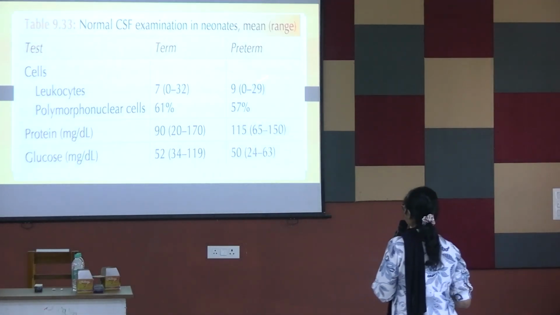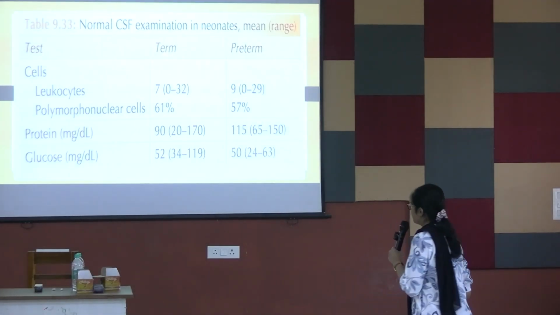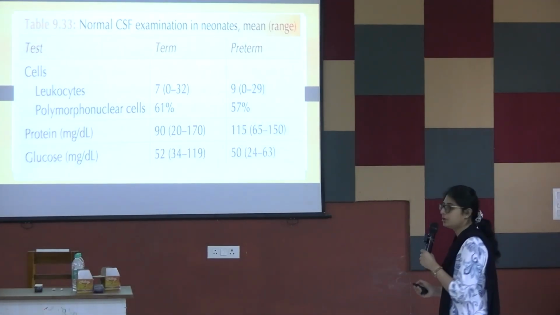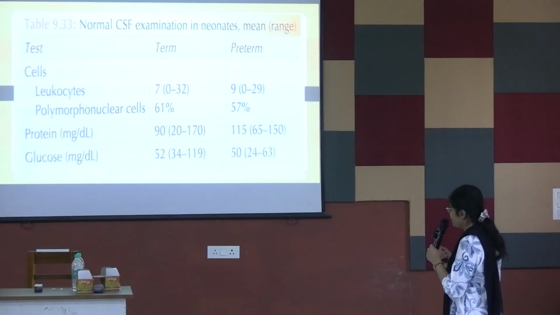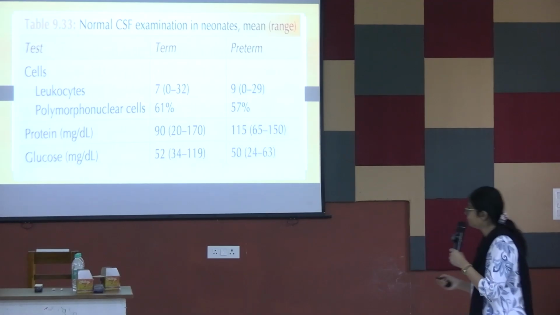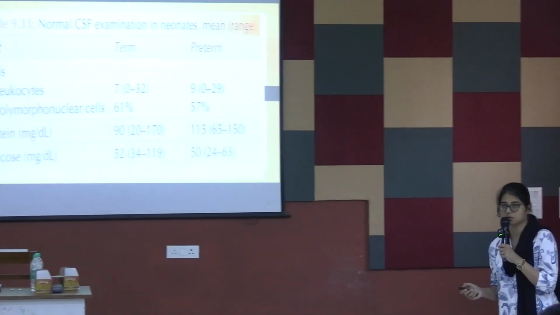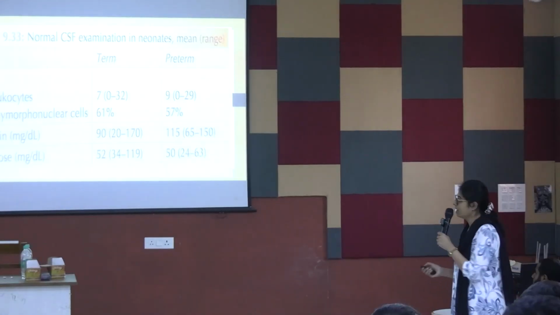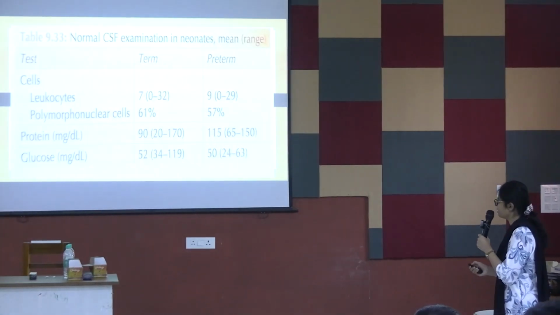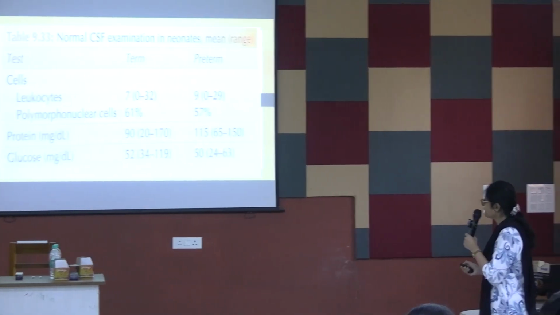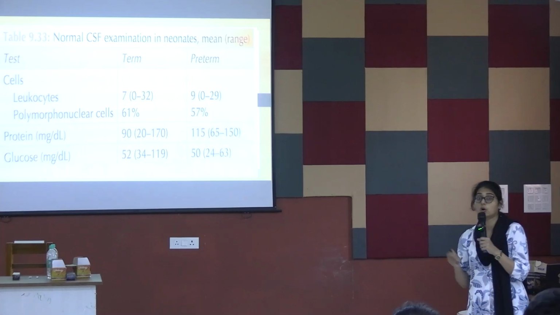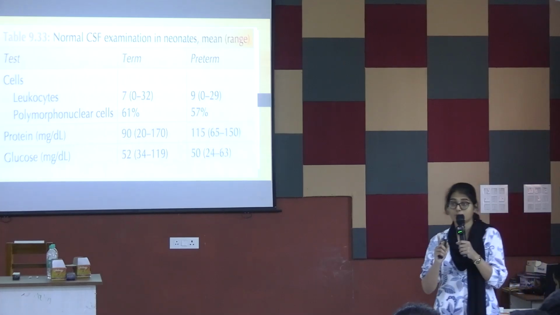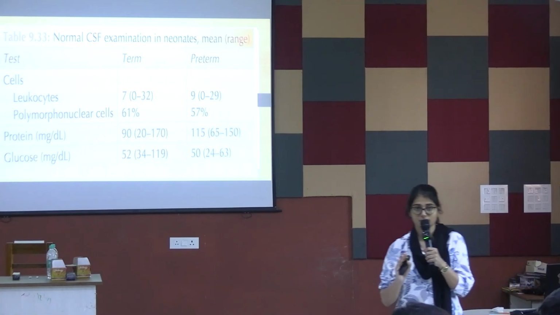Okay? Now this is a normal CSF examination in neonates. You may not be able to remember it, but I have included this table to let you know the values are different for term and preterm babies, and significantly different from the pediatric as well as the adult population. In term and preterm babies, up to 7 WBC, up to 9 WBC, are normal. But in the pediatric population, it should be less than 5.